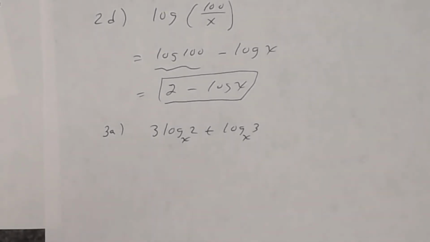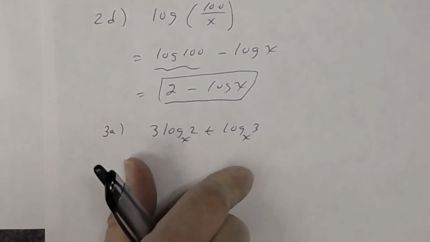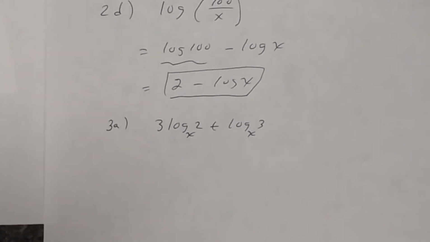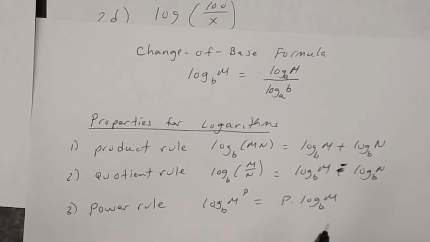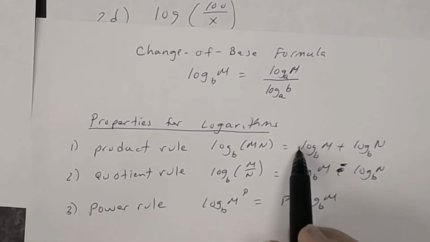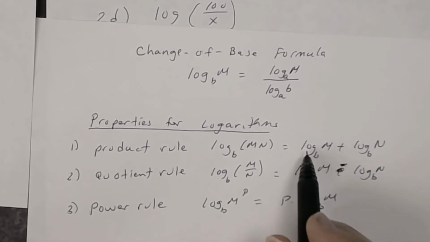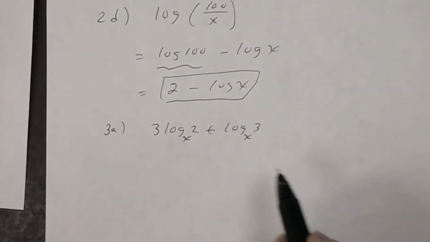If you're going to write this as one logarithm, keep in mind that in order to condense, notice that for the product and quotient rules, the coefficients are 1s.